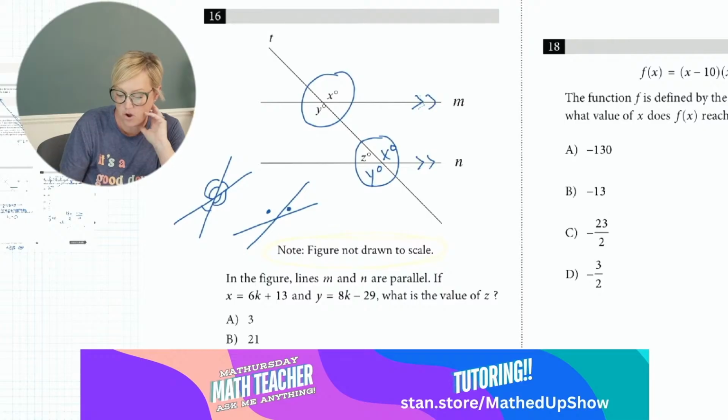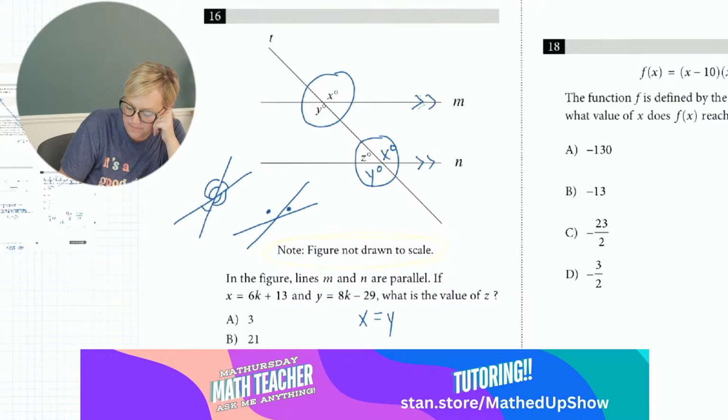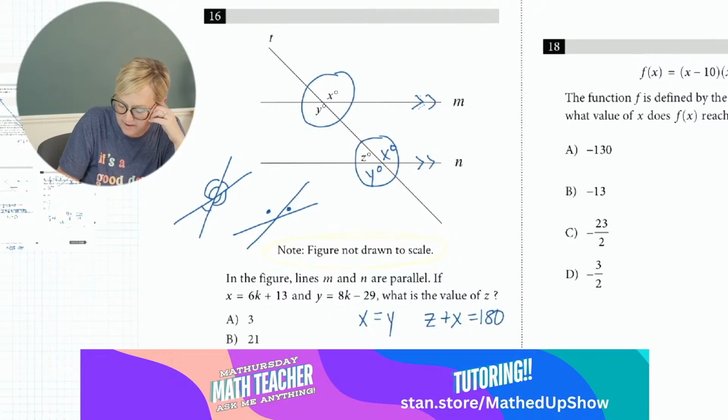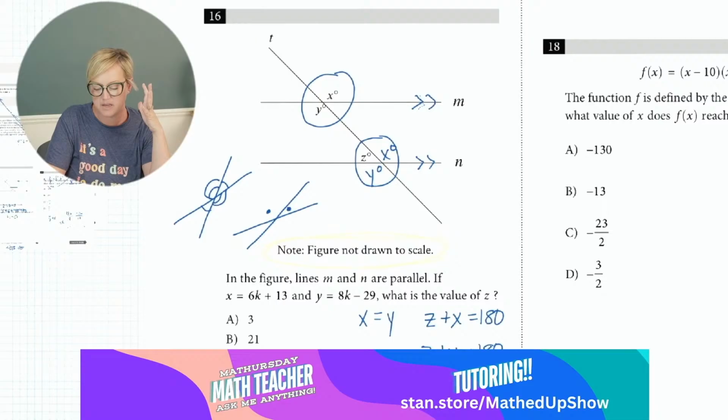So x is going to equal y, and z plus x is going to equal 180. Because x equals y and z plus x equals 180, then z plus y is also going to equal 180. With these three equations, we can start figuring it out.